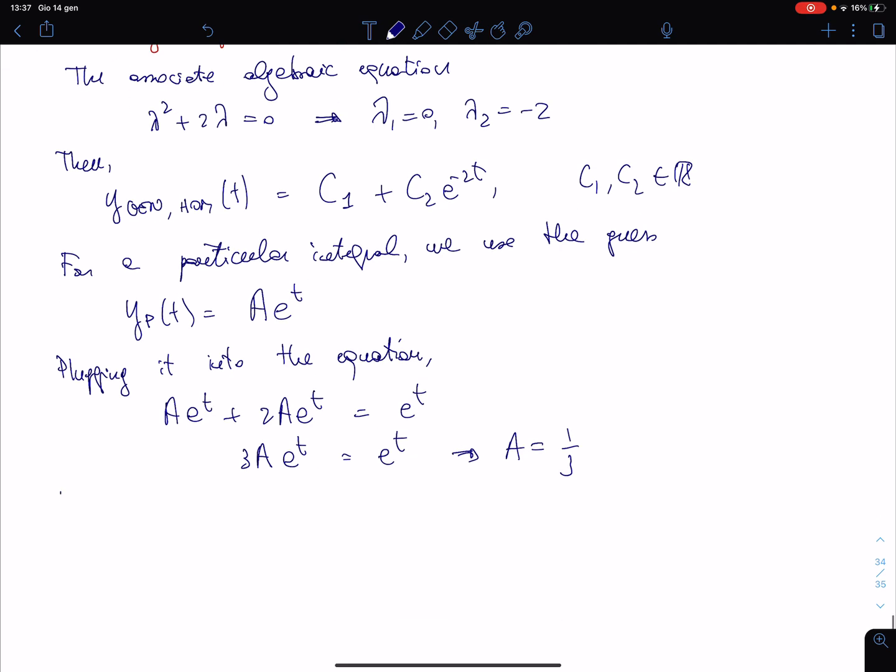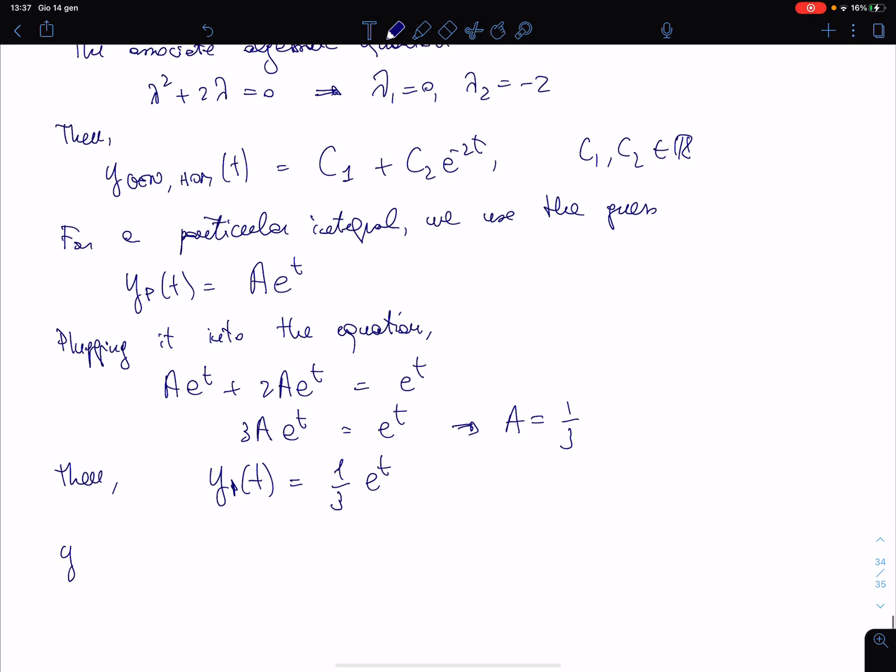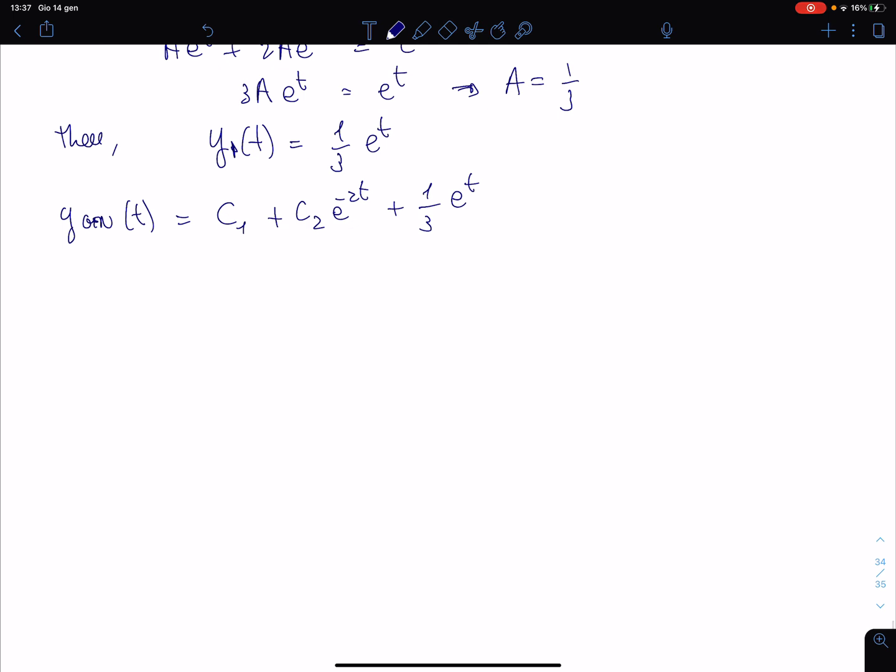Then y_p(t) is equal to 1/3 e^t, and then the general integral we looked for, the general integral of the non-homogeneous equation, is equal to C1 plus C2 e^(-2t) plus 1/3 e^t. Okay, and this is the final answer.